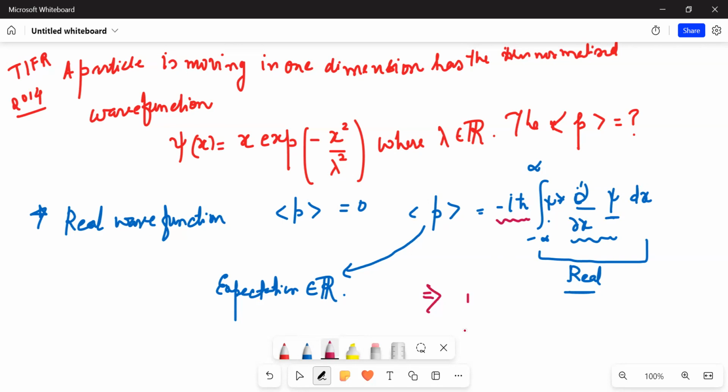So it implies that this integration should come out as 0, because only then your expectation value will remain real. Otherwise, any non-zero answer from this integration would give a complex expectation value. So always remember that the expectation value of momentum for a real wave function is always 0.